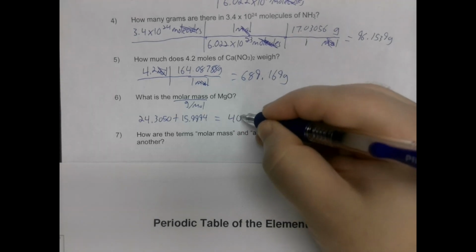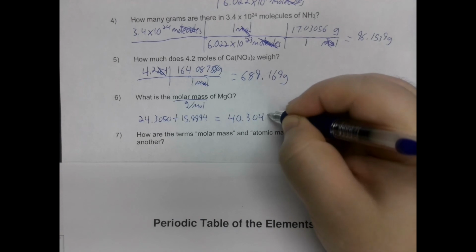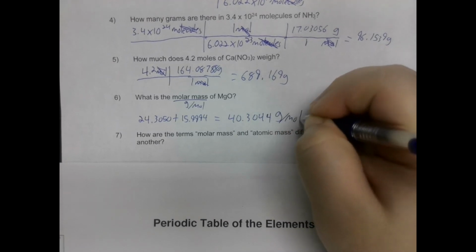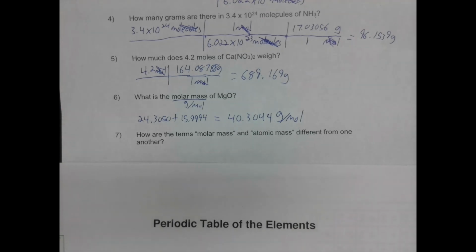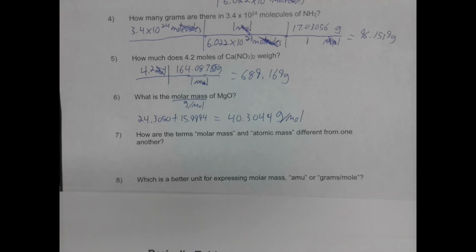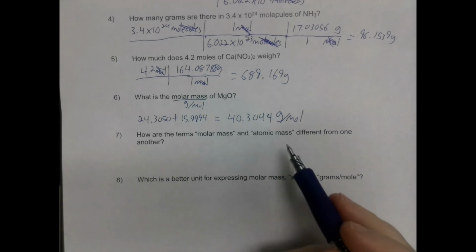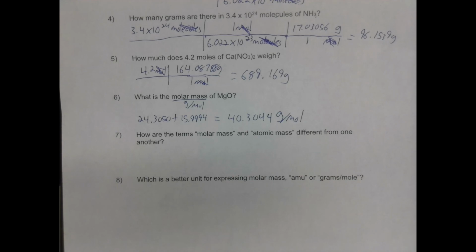And that'd be 40.3044 grams per mole. So we can see a lot of similarity between molar mass and atomic mass. They use the same numbers, but different units.